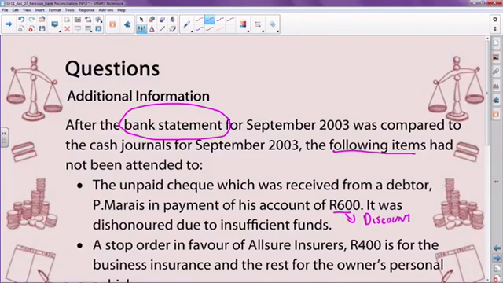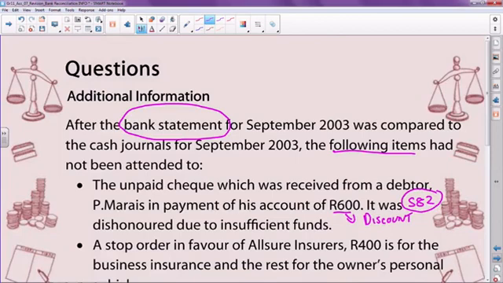He only paid 582. Now, very, very important, guys, we're doing a bank reconciliation statement. So remember, we are not interested in the amount that was owed. We are interested in the payment that we thought we received.